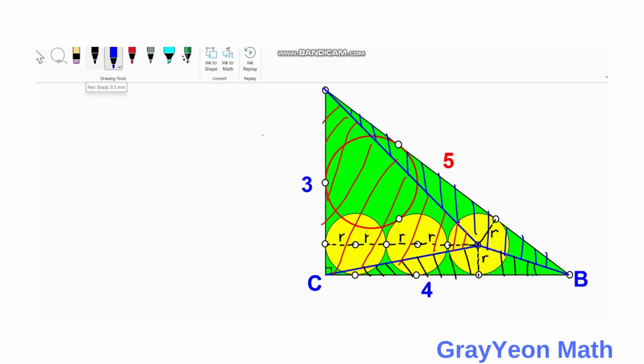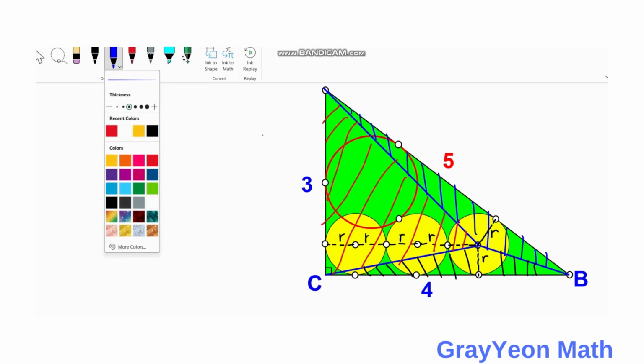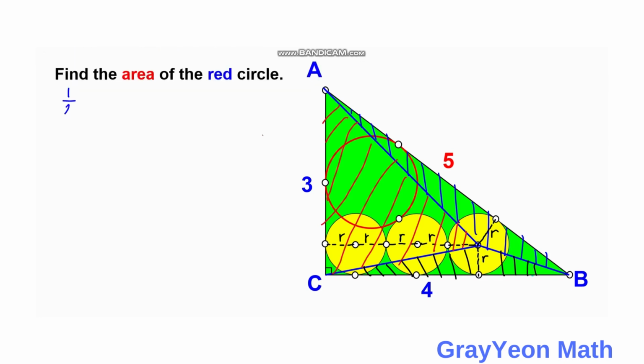If we write an equation about that, for the whole we have 1/2 times 4 times 3, the base and the height, which is equal to 1/2 times, for the red, 3 the base and the height is 5r, plus 1/2 times the base.